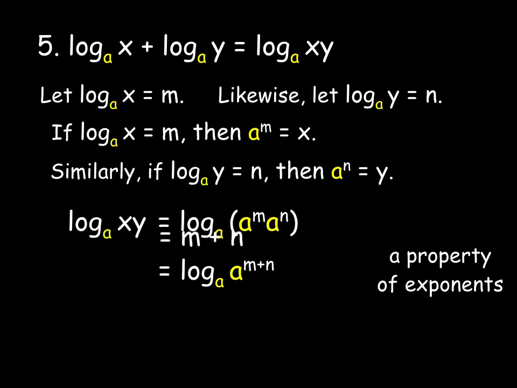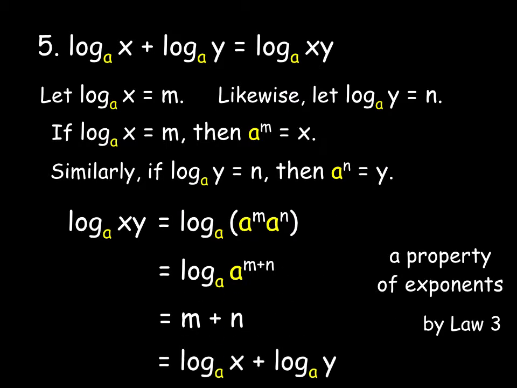This is equal to m plus n by law number 3. Substituting for m and n, we get this is equal to the log base a of x plus the log base a of y.